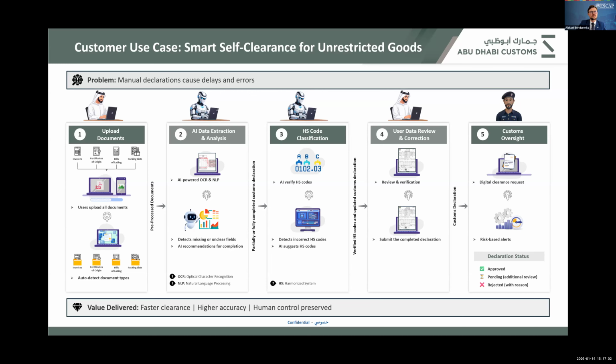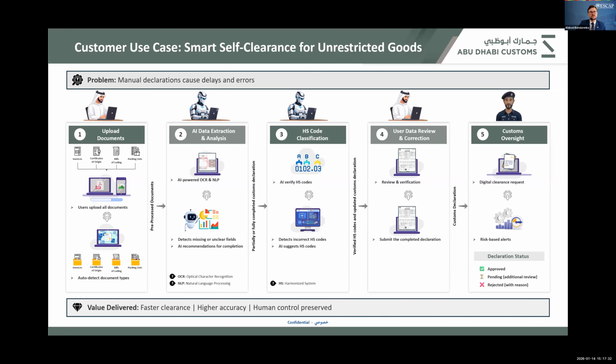So here the AI, based on the descriptions from the invoices or the documents uploaded, can predict which HS code is the right one, and also show it to the customer and the end user. In an interactive way, the AI will tell the customer, thank you for uploading the documents. We found this information in the documents and filled it in for you, and this is the HS code that we expect is the right one.